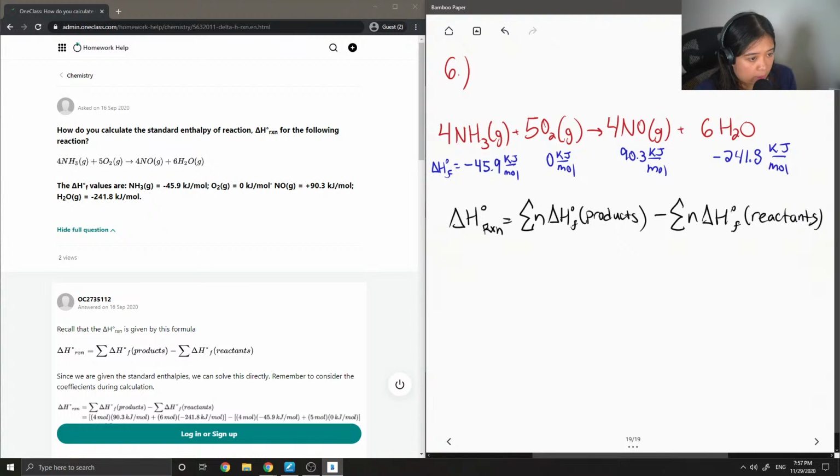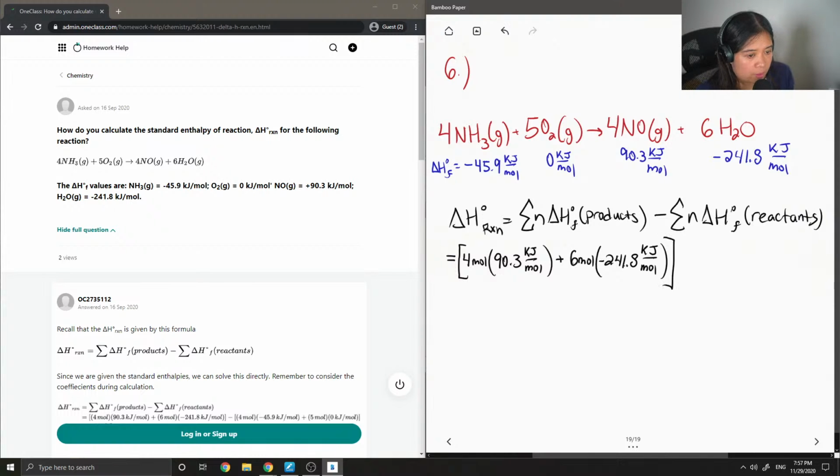So let's plug in all of our values. Starting with the products, there are 4 moles of NO, and I'm going to multiply this by its delta H of formation value, which is 90.3 kilojoules per mole. Then water is also a product, so I'm going to add 6 moles times negative 241.8 kilojoules per mole.